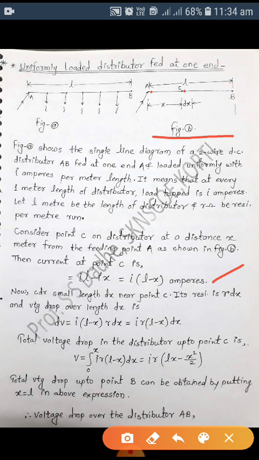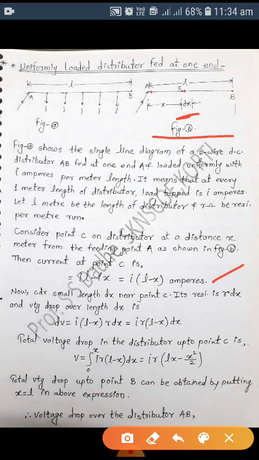Now consider a smaller length dx near a point C. Its resistance is r dx and we can write the voltage drop over that smaller length dx.